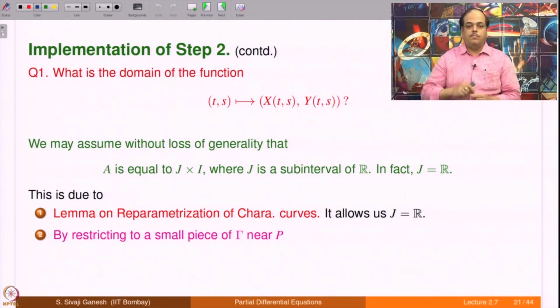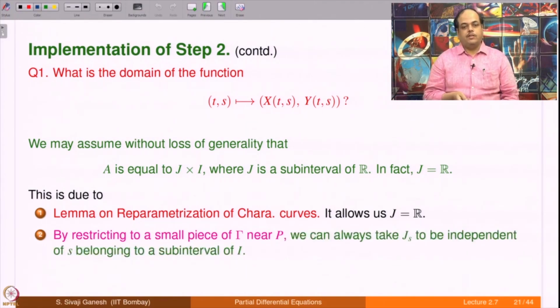So, you have the point P, at that point restrict to a small piece, then it is true that J can be chosen independent of s. This idea comes when one discusses differentiable dependence, or continuous dependence, of solutions on the initial data.